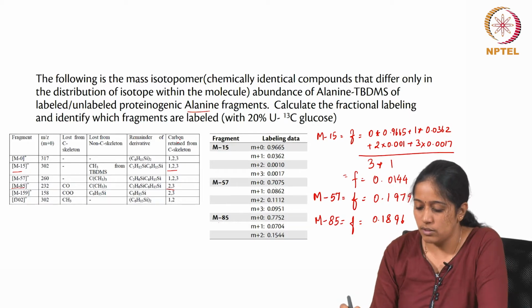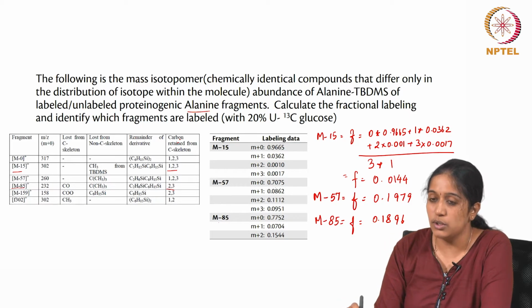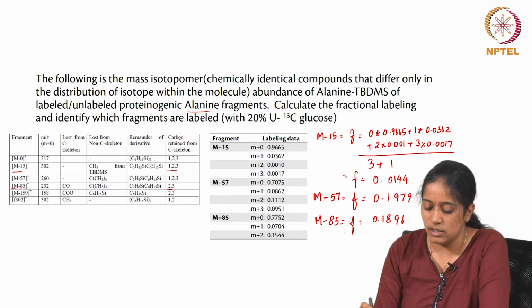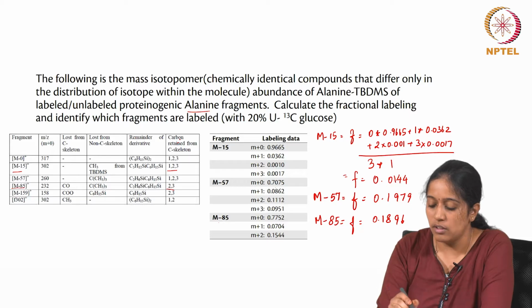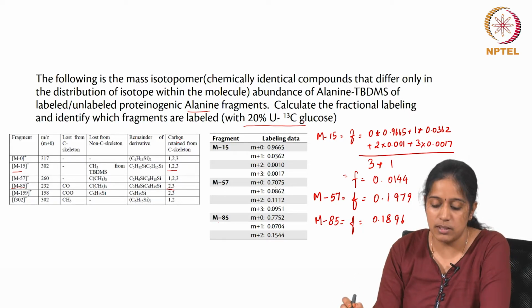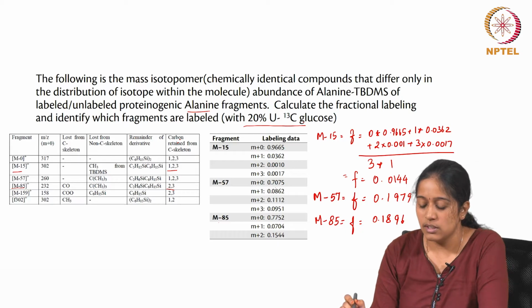Now comes the question of which fragment should I use for my further analysis. If you observe the values of fractional labeling of m minus 15, it is very less, that is 0.014, when I had 20% of uniformly labeled 13C glucose as my substrate.